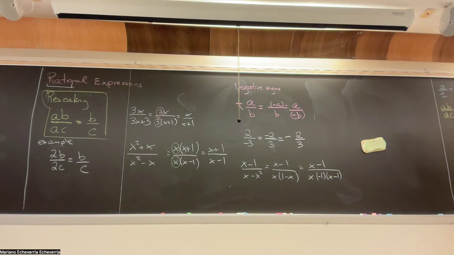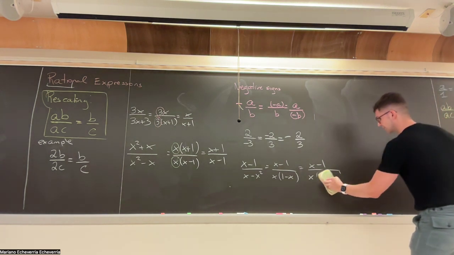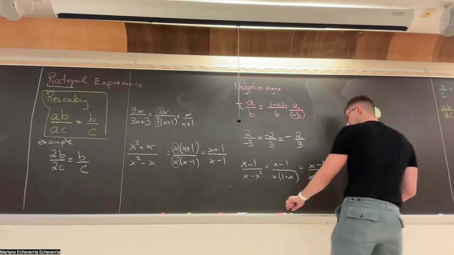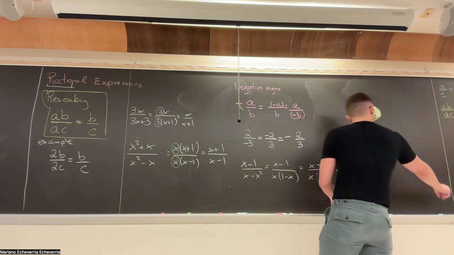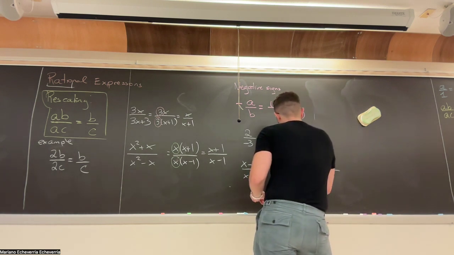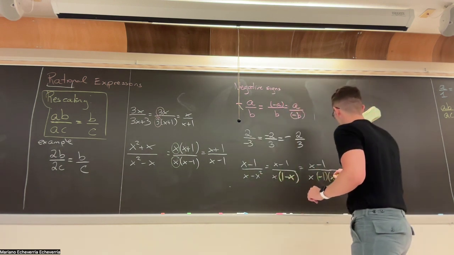Okay. So let me put it in colors to clarify what I'm trying to do. I had 1 minus x, and I'll write it as -1 times x minus 1.